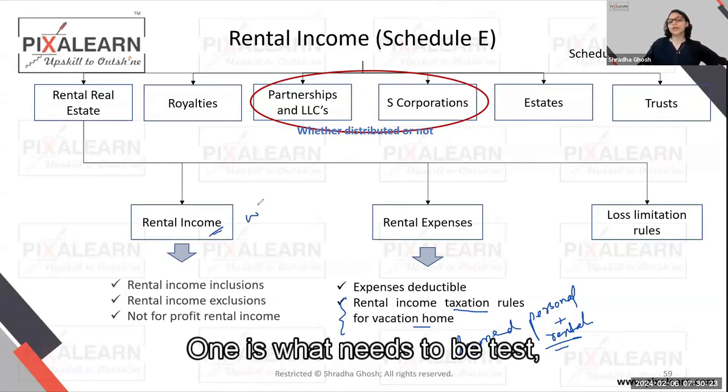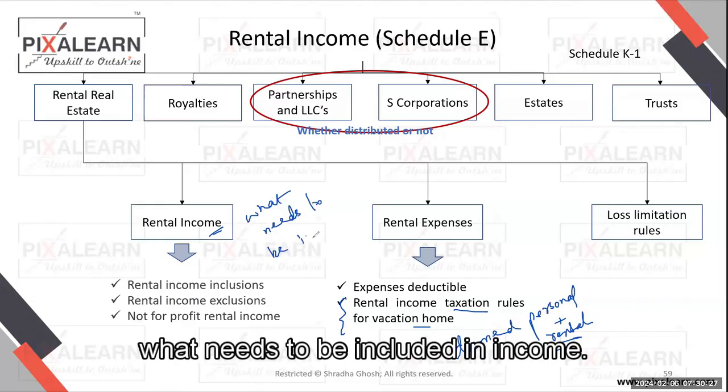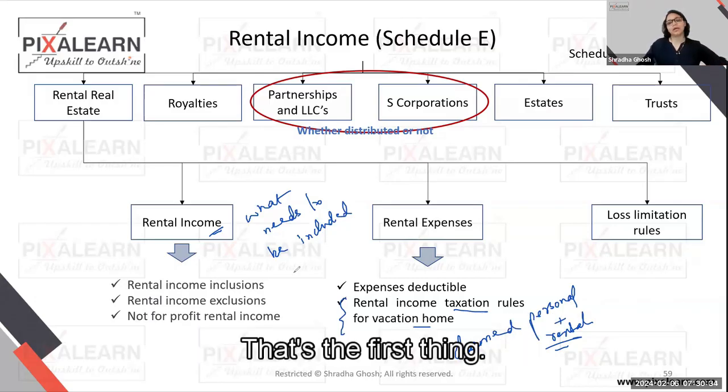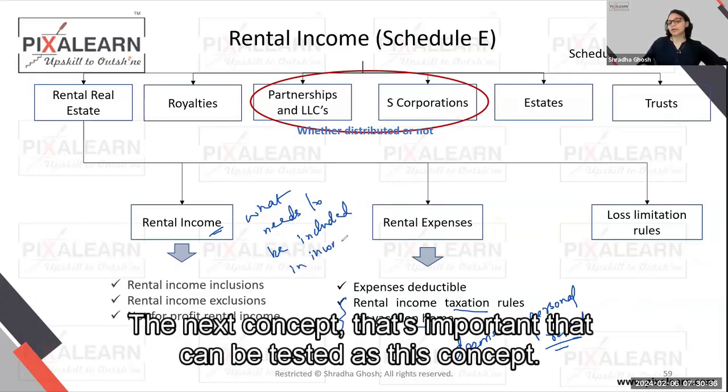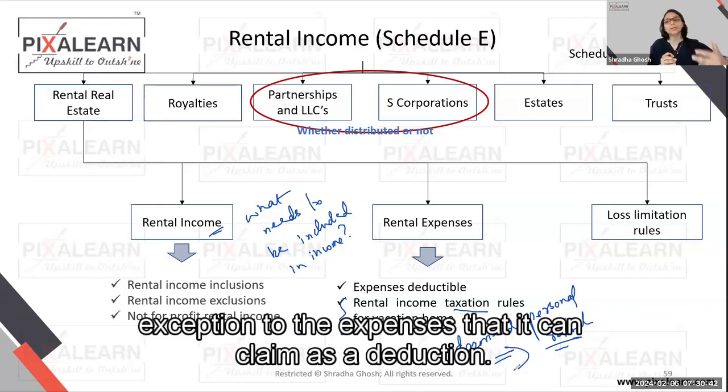One is what needs to be taxed. What needs to be included in income. So if it is rental income, what is it that you are including in rental income? That's the first thing. The next concept that's important and can be tested: if it's a vacation home, deemed personal and rental, what are the exceptions to the expenses that you can claim as a deduction?